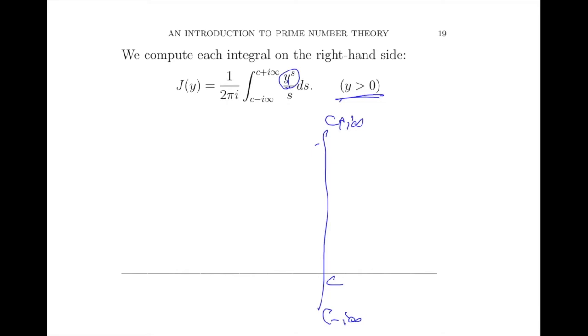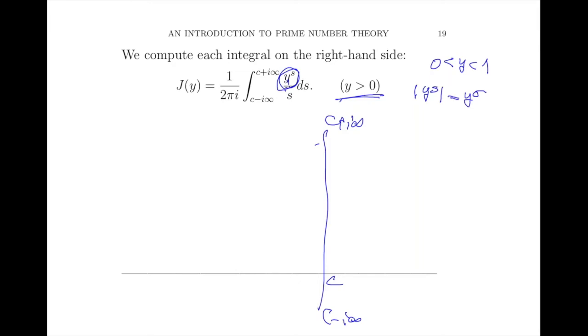If y is between 0 and 1, then when s is a complex number, the absolute value of y to the s is y to the real part of s.